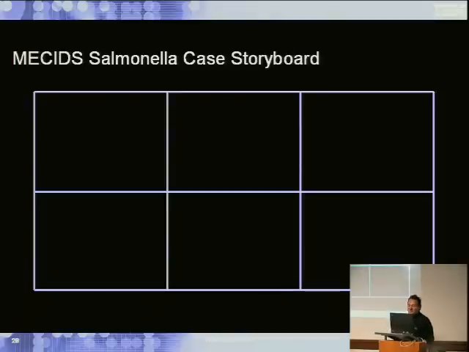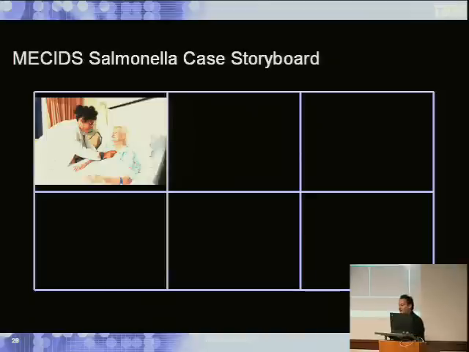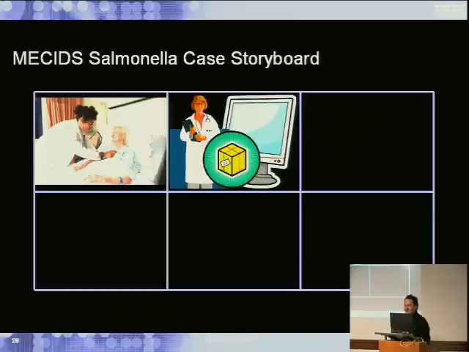So it's self-interest. This is a salmonella storyboard that will help you see how you'd use the technology in a public health scenario. So a patient shows up sick. A doctor suspects salmonella, takes a sample and sends it to the local laboratory. In the case of MECIDS, each country has 8 to 12 Sentinel Laboratories.